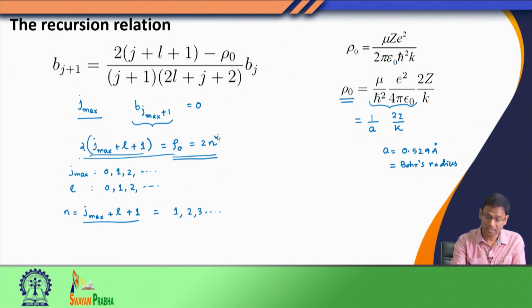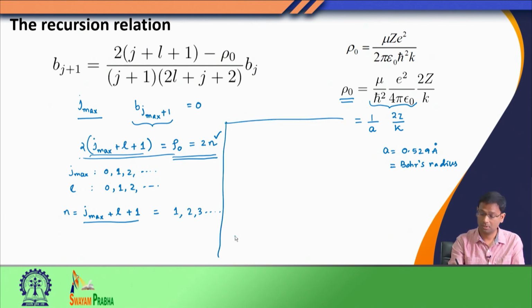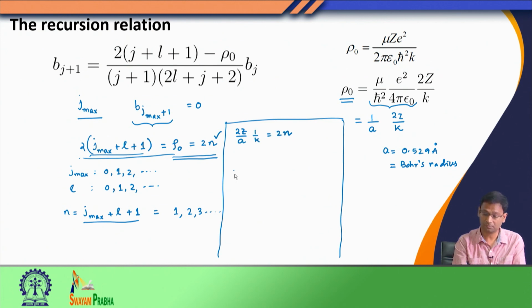But now we say that rho 0 should be equal to 2n. So, we would now use both pieces of information to see that 2Z by a, 1 over k, is 2n. Therefore, k, the 2 cancels out, is Z divided by a n.